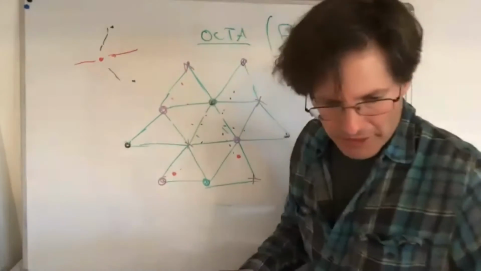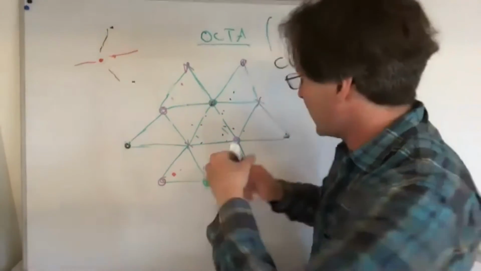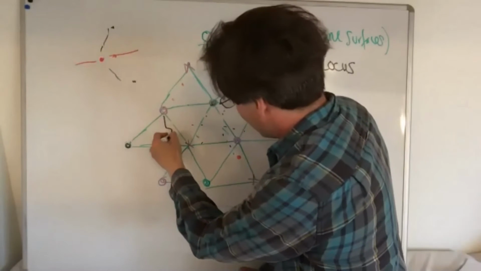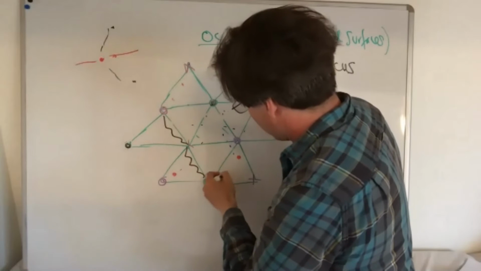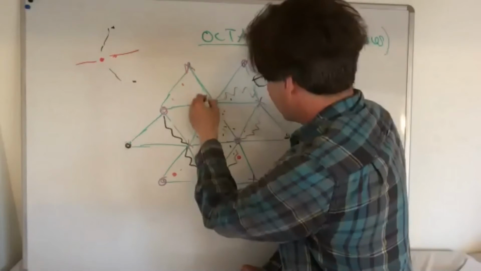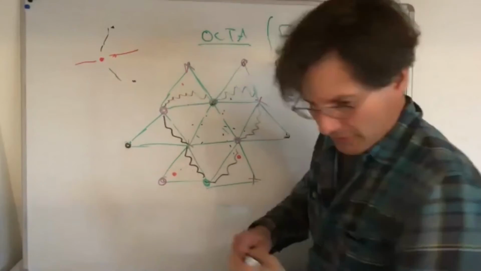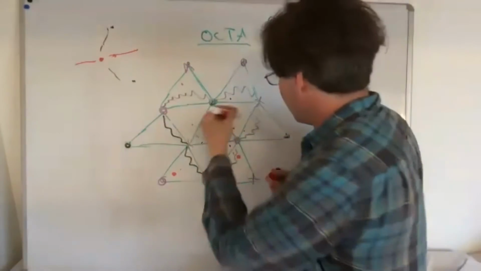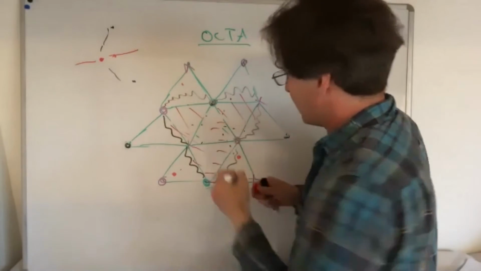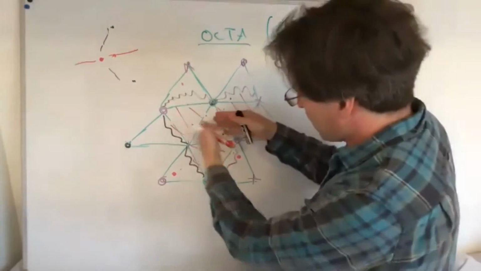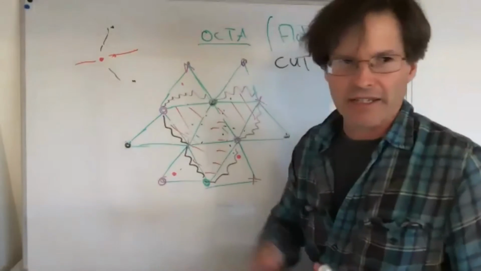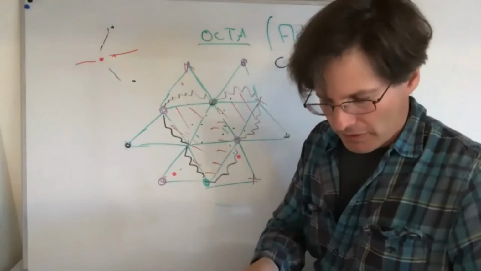So I still have the playing field, and then I've got this thing which goes something like this, and then there's this red part in here. This is the region of points where there's a unique shortest straight line, and the boundary is where there are ties.